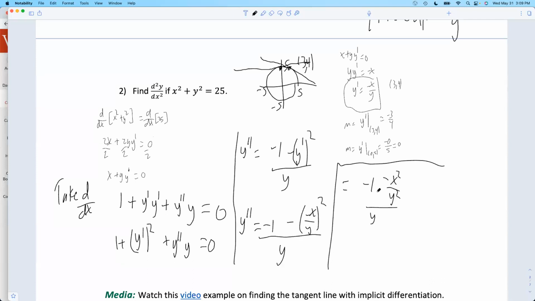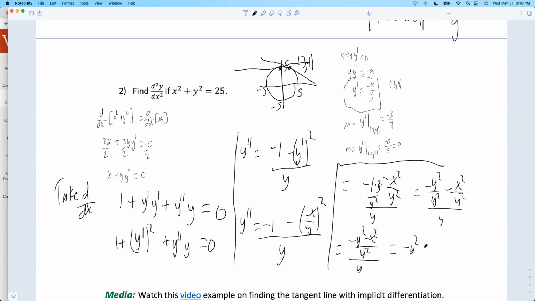Now I can get a common denominator of y squared here. So this would be -y squared over y squared minus x squared over y squared, all over y, which would be -(y squared plus x squared) over y squared, all over y. And then I could do a little keep change flip.